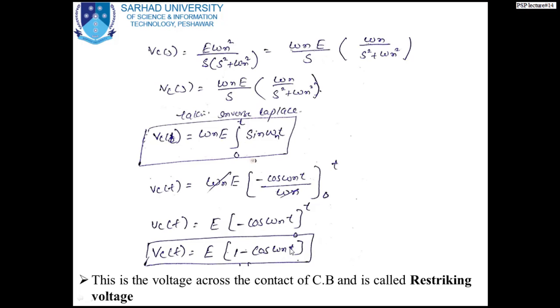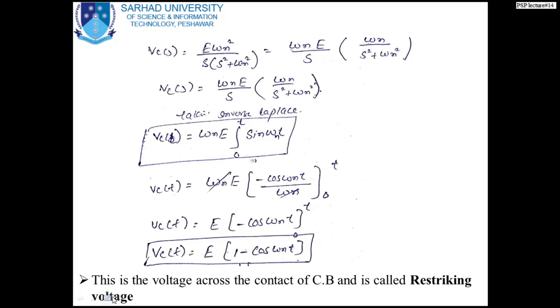If we take E common, the limits give minus cosine omega n t minus minus 1, so 1 becomes plus and cosine omega n t becomes minus. So it will be E common, 1 minus cosine omega n t. This is the voltage across the contact of the circuit breaker, and is called restriking voltage.